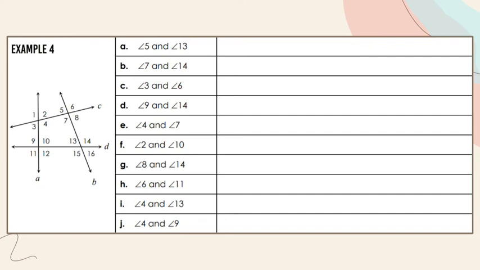For number 4, I want you to do this on your own, so you should pause the video and try these. But a couple of tips I want to give you first. Notice there are 4 lines in number 4. Normally, we're used to seeing 1, 2, 3 lines. So the relationships we've talked about only work with groups of 3 lines that make 8 angles, I apologize, not 4 angles.